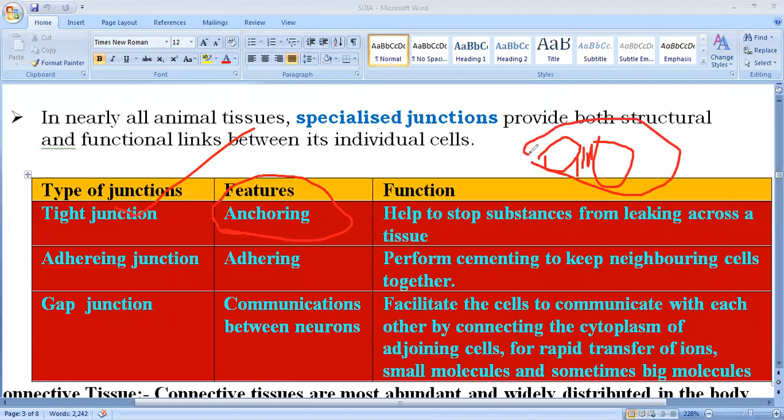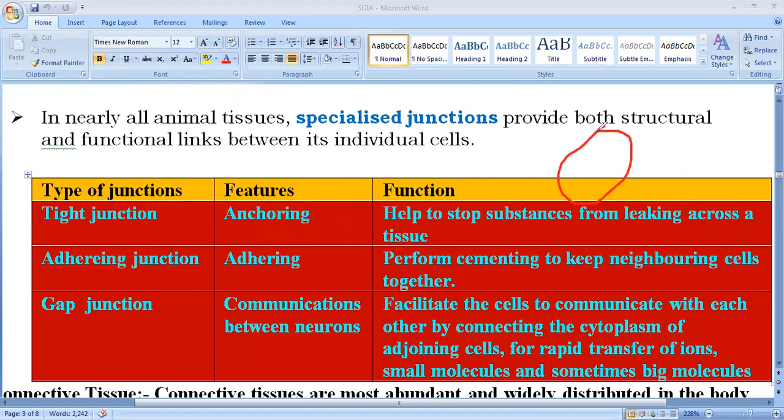The basic function of the tight junction is anchoring. One thing I forgot to tell here: in the anchoring junction, a number of proteins are found, which you can say are claudins and occludins.